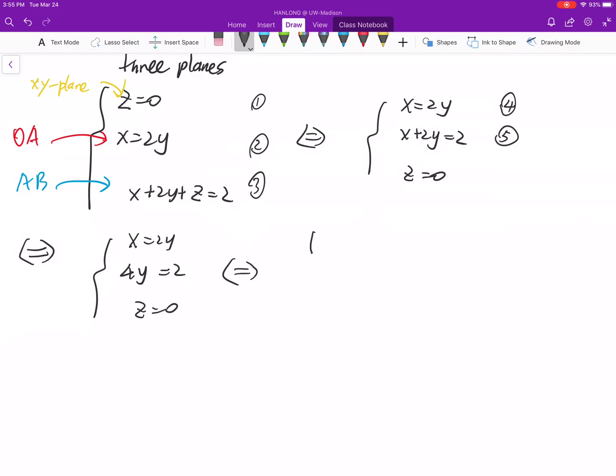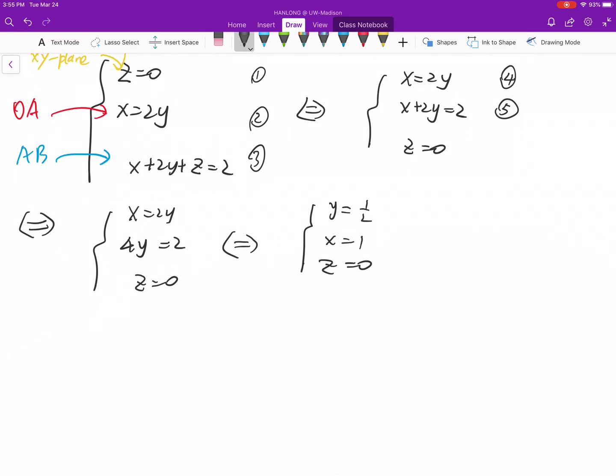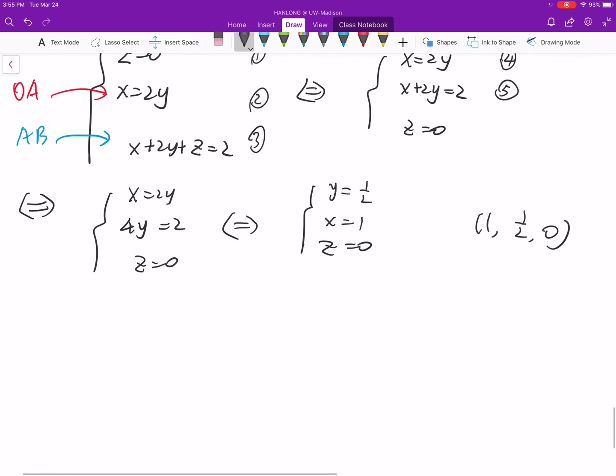Therefore y is 1/2, x is 1, z is 0. So the point is (1, 1/2, 0). Therefore the x-coordinate is 1.